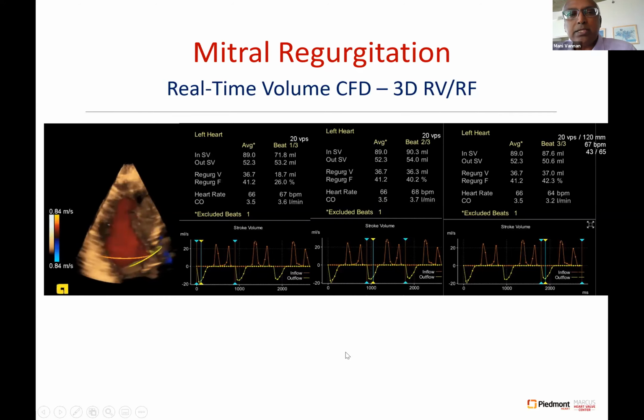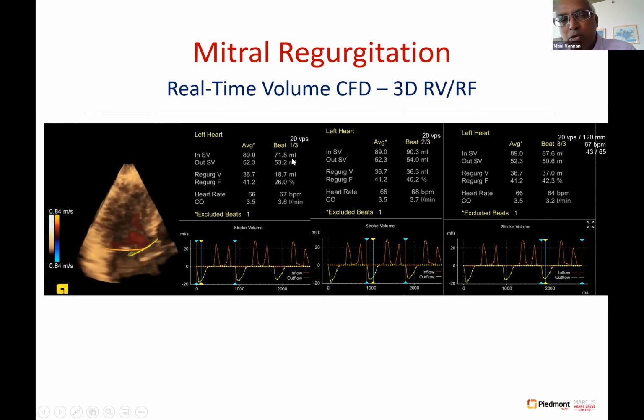So in this case, as you can see, the numbers are similar in beat number 2 and beat number 3. In beat number 1, the inflow stroke volume, which we use as our index of reliability because it is most parallel to the ultrasound beam, is much lower than beat 2 and beat 3. So we would consider this an outlier.